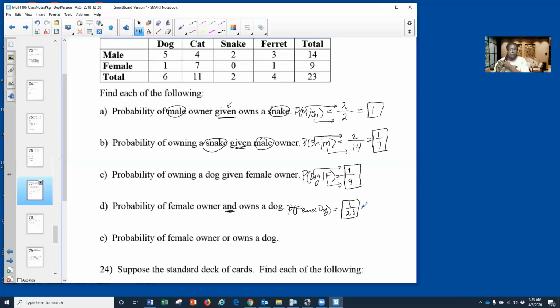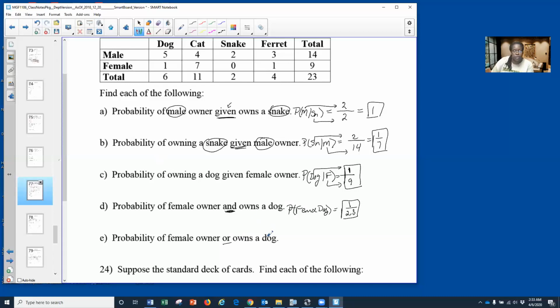Now look at E. They changed the word again. Probability of female owner or owns a dog. So now, what do we know about or? We need to look at the probability of being a female plus the probability of owning a dog. And then if there's any overlap, we've got to subtract it out. So remember our process there for or.